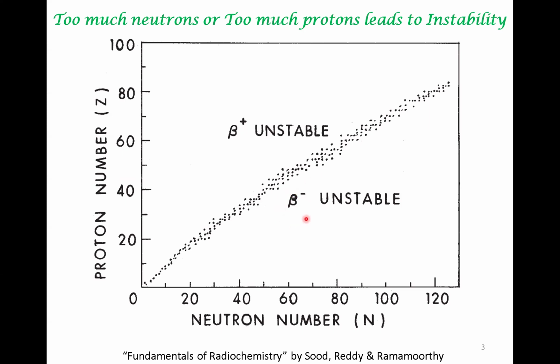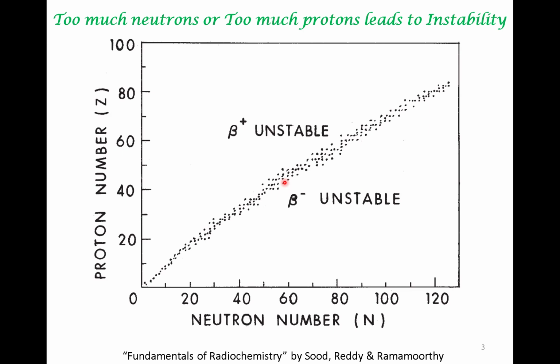So when you have more neutrons, again the nucleus is unstable and the nucleus will beta decay to increase the protons. In this case, when a particular neutron ejects a beta particle, that is an electron, it will get converted to a proton.